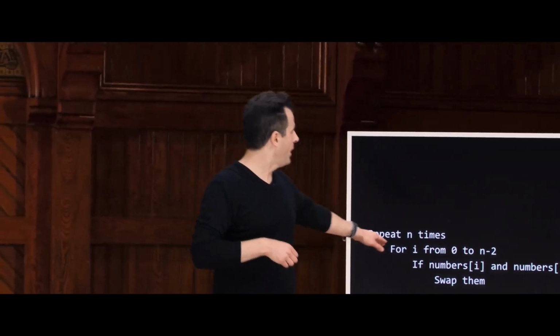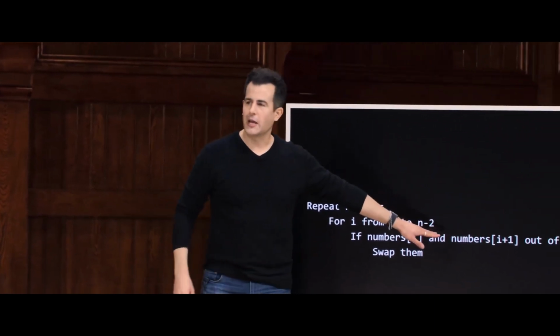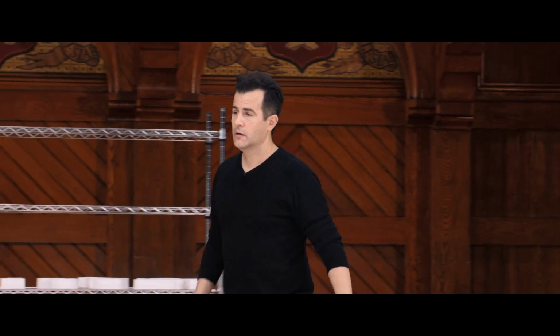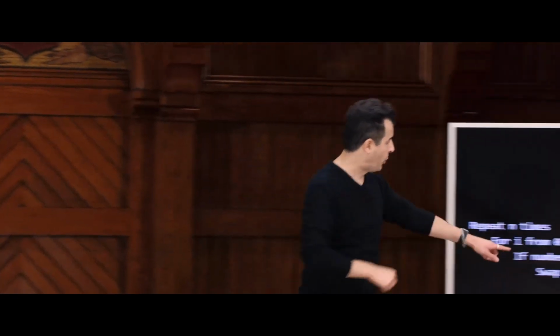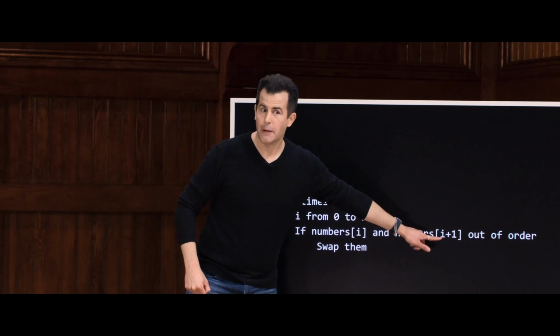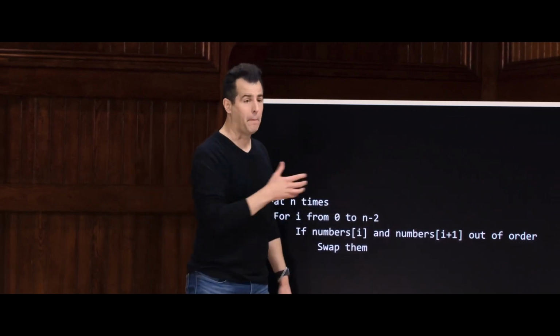Any intuition for why I'm doing this from 0 to n minus 2? Exactly, because I'm looking at the ith person per this pseudocode here and the i plus 1 person, I better make sure I don't step beyond the boundaries of my array.